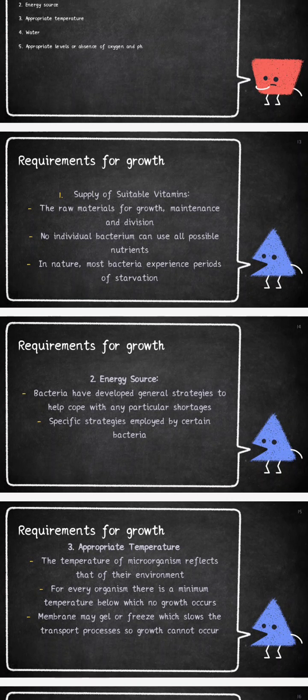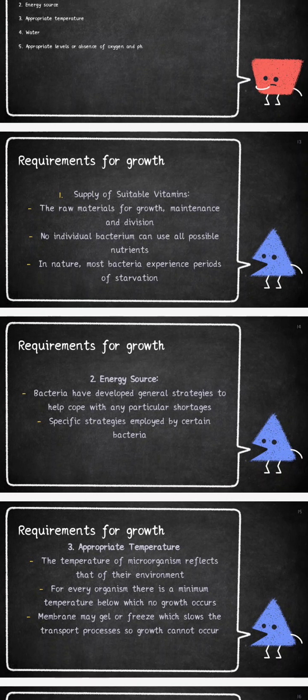So, let us repeat. For photoautotrophs, the energy source is sunlight and the carbon source is carbon dioxide. For chemoautotrophs, the energy source is inorganic compounds and the carbon source is carbon dioxide. For photoheterotrophs, the energy source is sunlight and the carbon source is organic compounds.